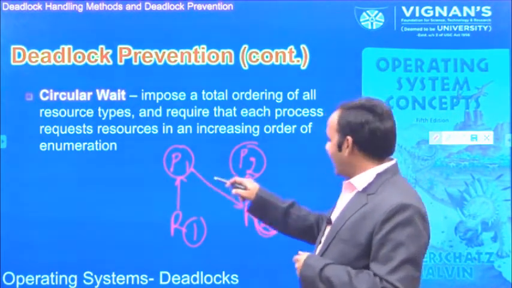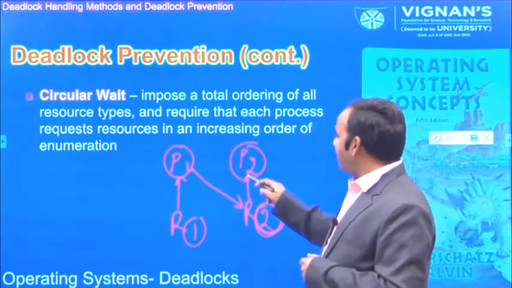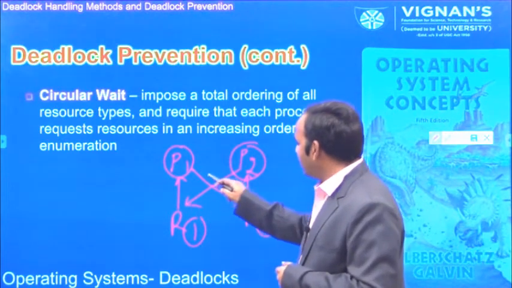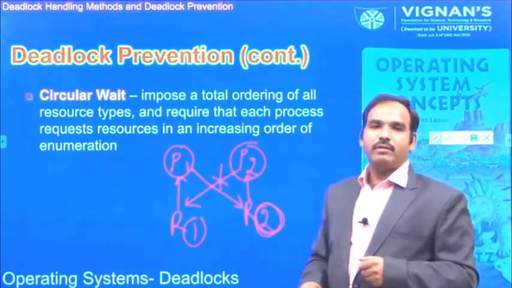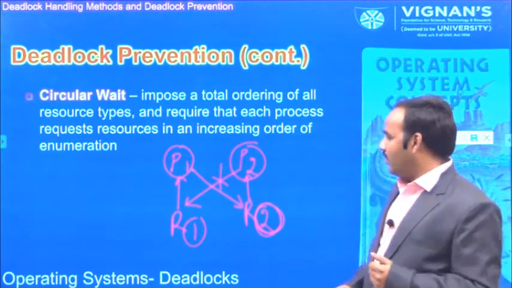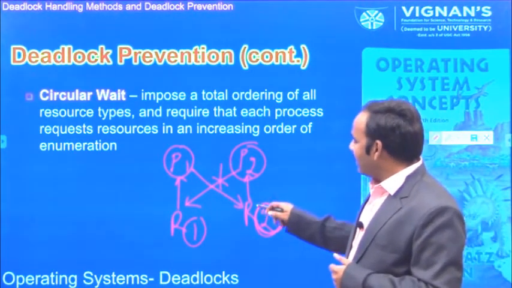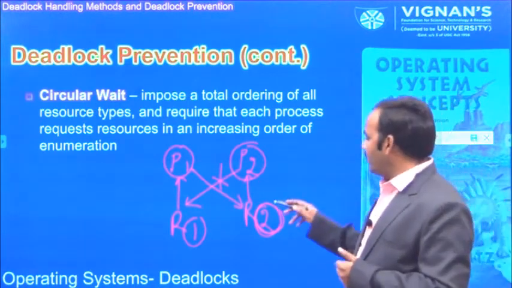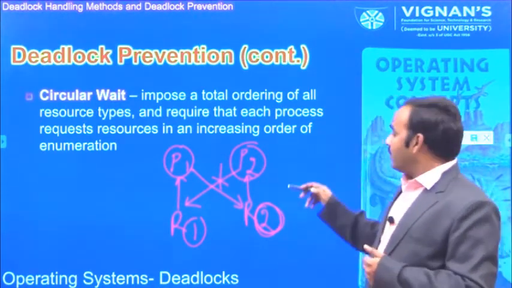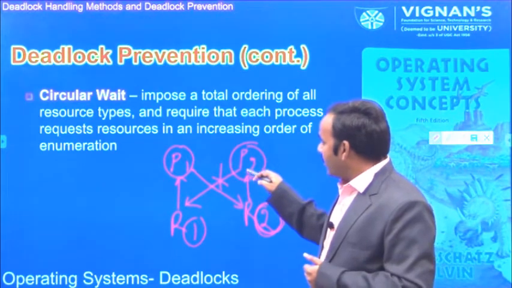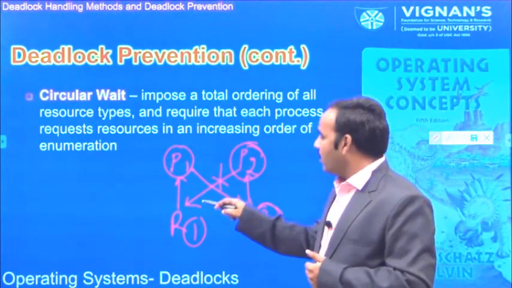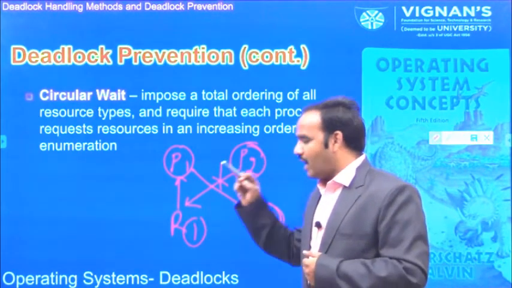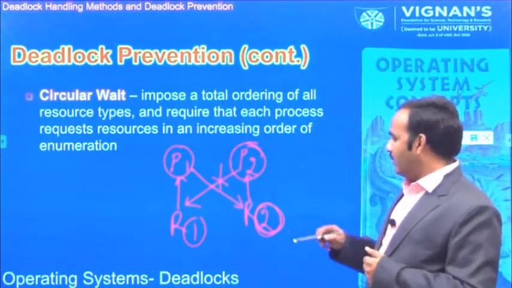So P1 can request R2, but P2 cannot request R1. Why? Here, what are the resources allocated to P2? The resource allocated to P2 is R2, but the requested resource of P2 is R1.